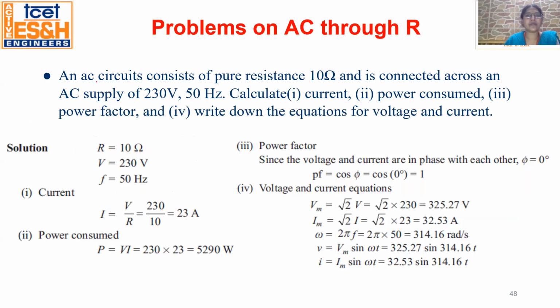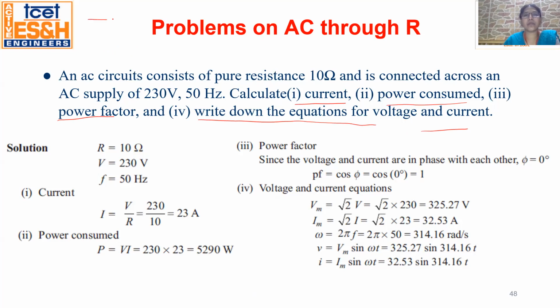Now one numerical. An AC circuit consists of a pure resistance of 10 ohm and is connected across an AC supply of 230 volt, 50 hertz. Calculate the current, power consumed, power factor, and write down the equation for voltage and current. So what is the basic circuit?